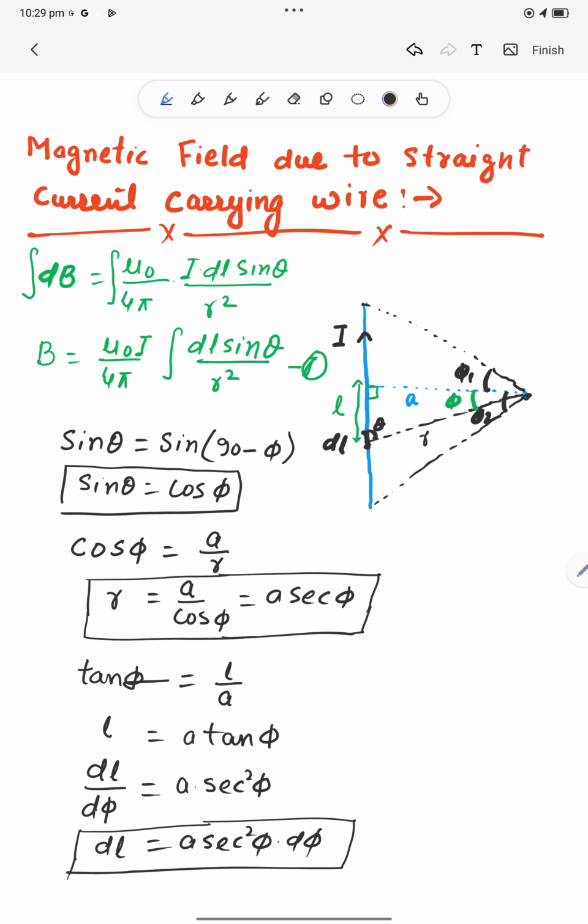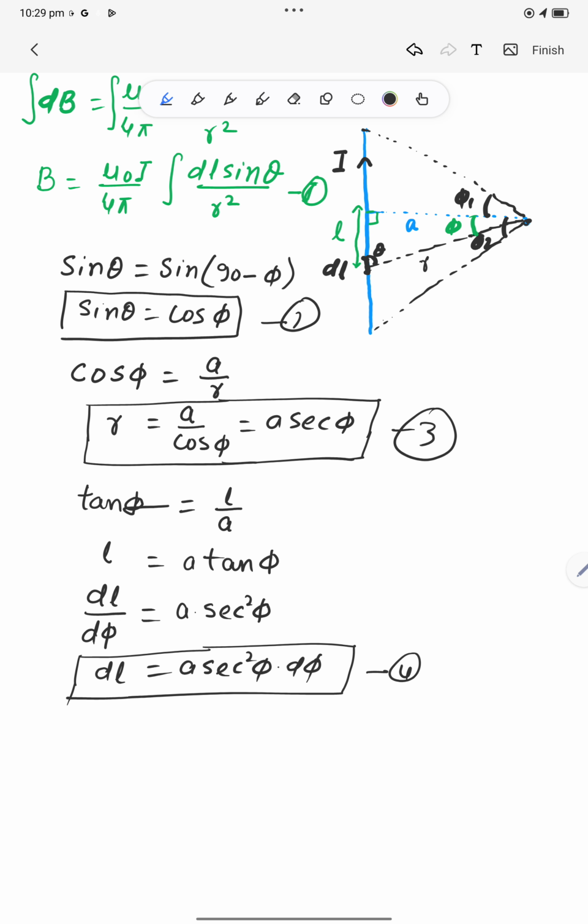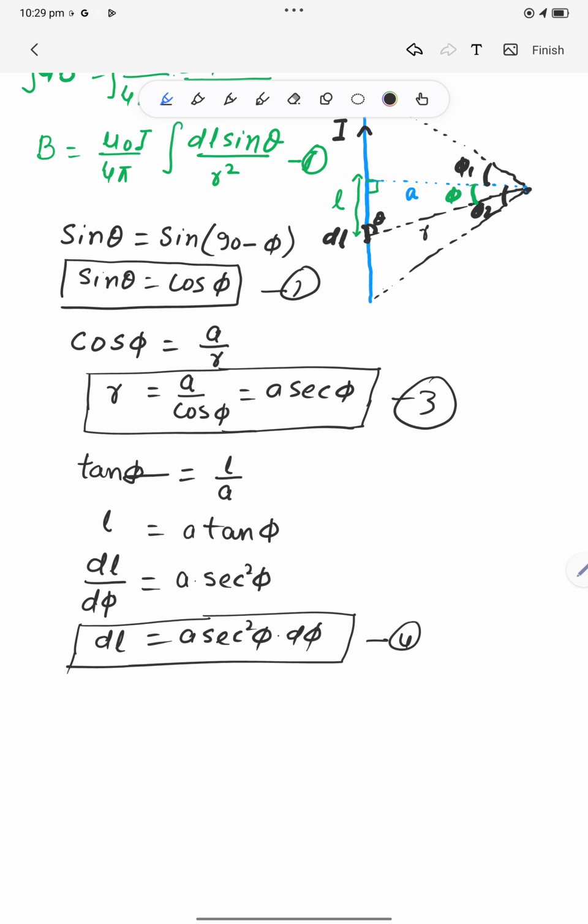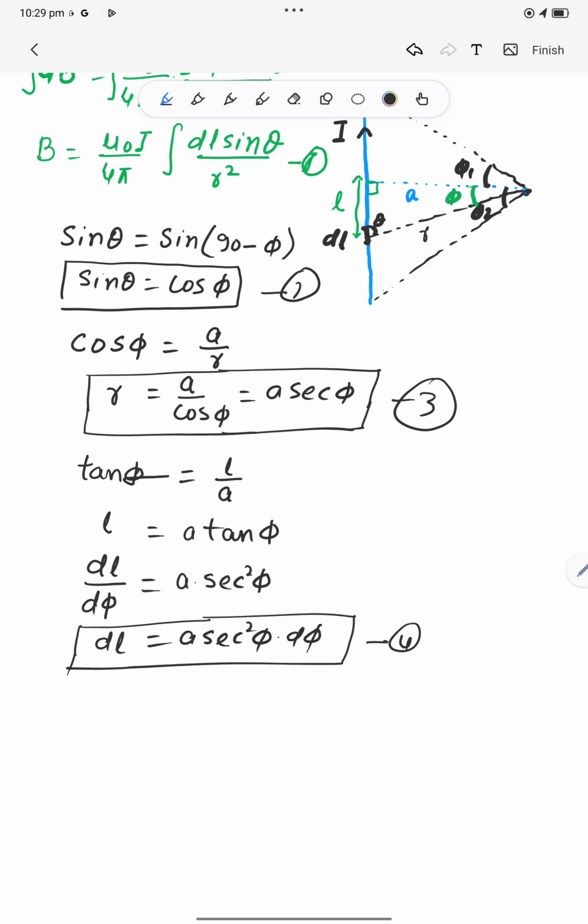So we have the first equation, this, the second equation, this, the third equation, and the fourth equation. Now we will put the second, third and fourth equations in the first.